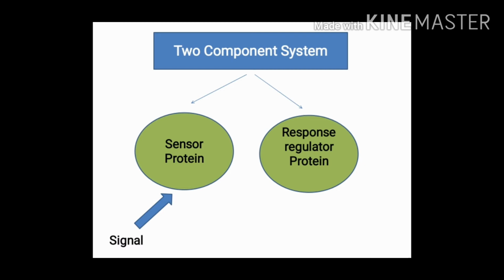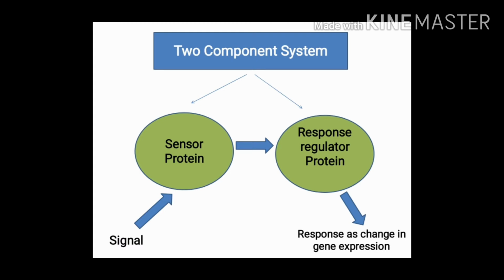Thus, its main function is to get the signal from the sensor protein and to bring the cellular response. This response may be the result of changes in the gene expression pattern of the bacteria. Thus, response regulator protein is responsible for bringing a particular response as a change in gene expression.